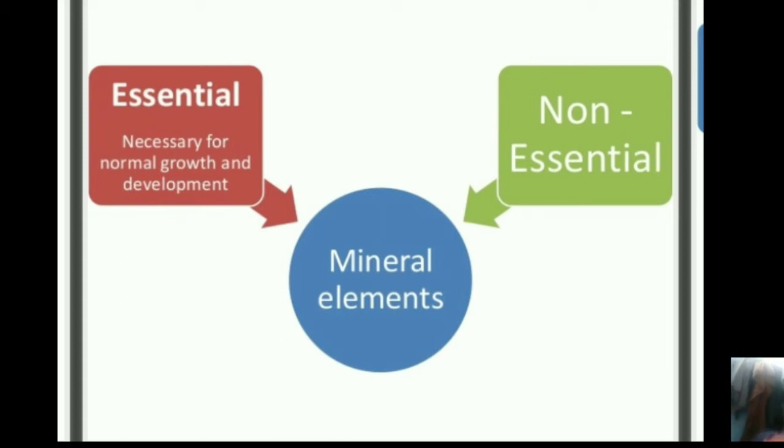So essential elements are those which are necessary for normal growth and development, and non-essential elements are not involved in growth and development, but in other aspects they are essential. So basically there are two types, essential and non-essential.